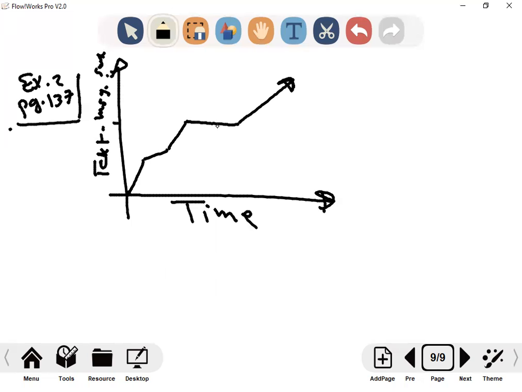In hour 1, hour 3, hour 4, hour 5, all of them are 5. Yes, constant. So what do you write in the third? A horizontal line. Okay.